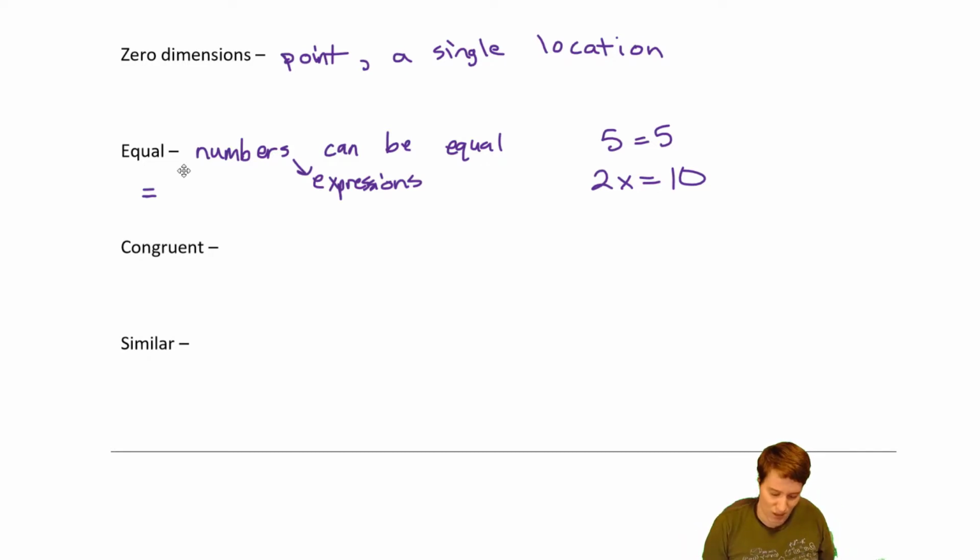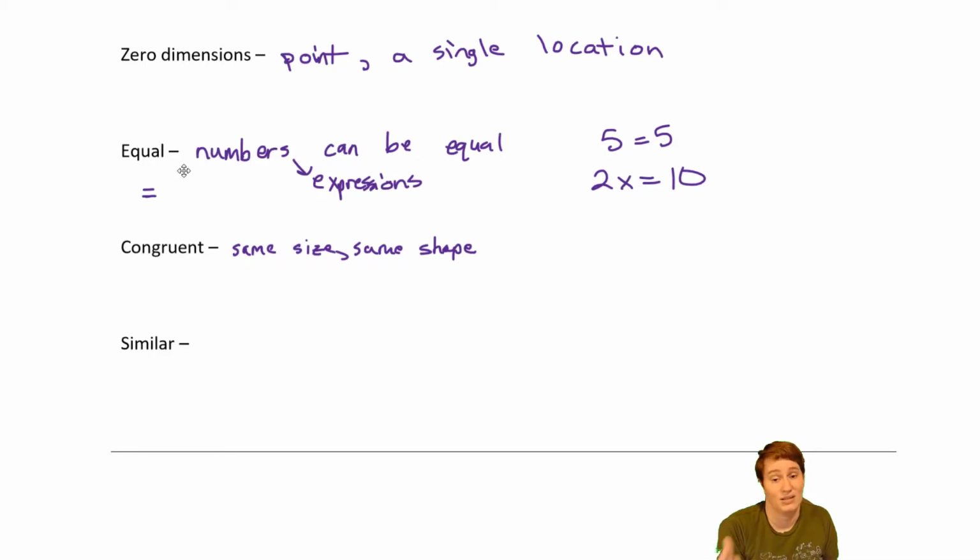And maybe it's like, well, why are we talking about this? That's because whenever we're talking about shapes being the same, we use a different word. We use the word congruent. Congruent means same size, same shape. That means that if we were able to measure the sides of the shapes and the angles of the shapes, we're going to come up with the exact same measurements for every single angle and side.